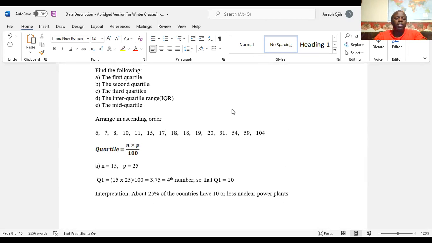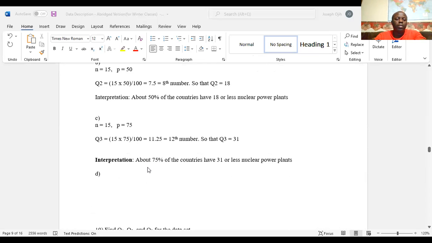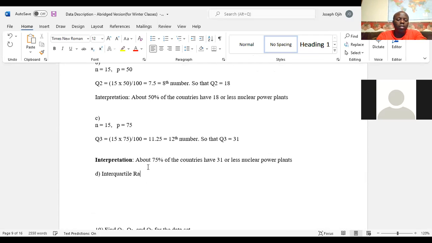Okay, so the interquartile range is written as IQR. The formula is Q3 minus Q1, that is, the third quartile minus the first quartile. That will give you the interquartile range.